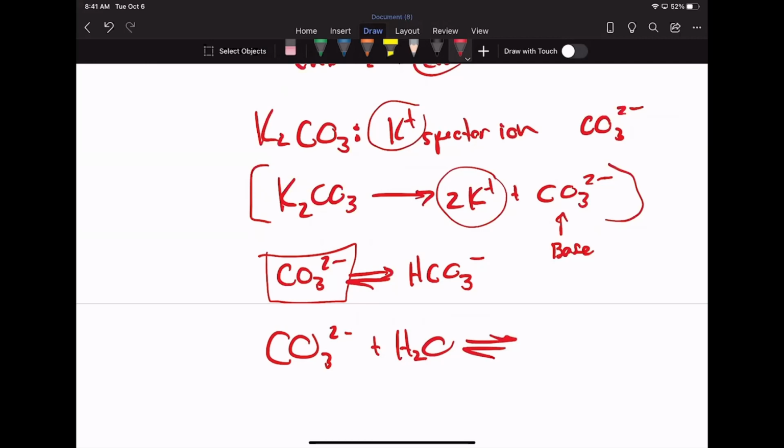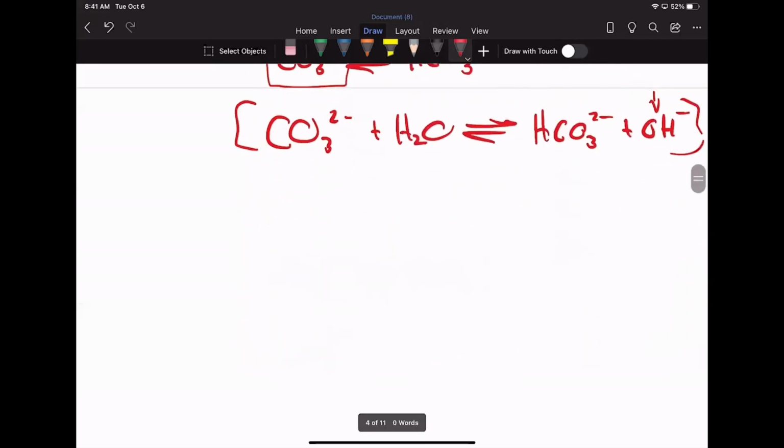If that's my base, I'm going to get HCO3 and hydroxide, and there it is. I can now calculate pH from this reaction because I'm going to be able to determine some concentration of hydroxide, and I'll be able to calculate some information about that reaction.